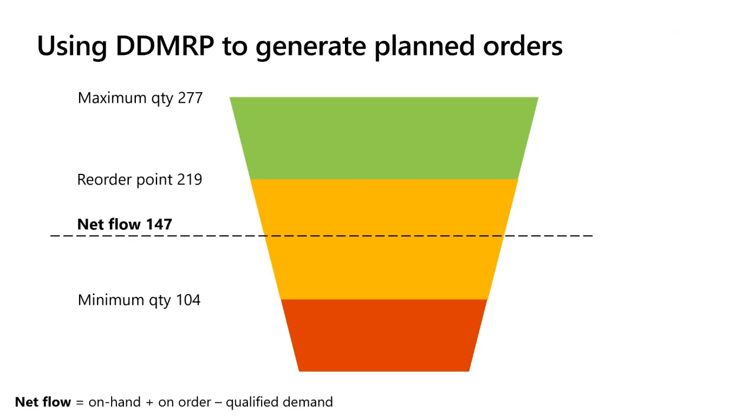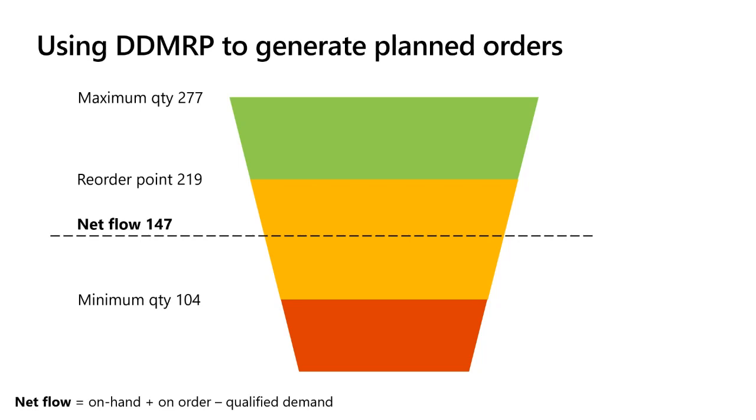You can see the equation on the bottom of the screen, which shows how we calculate net flow. It's the on-hand inventory plus on order, that is any supply orders that have not yet arrived, minus what we determine to be qualified demand. We'll explain more what qualified demand is in detail on the next slide.